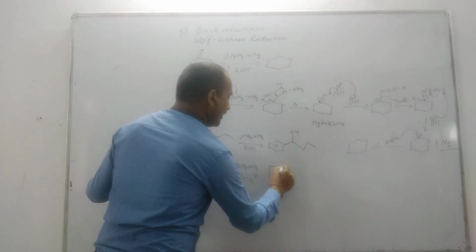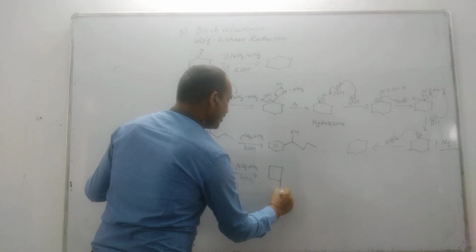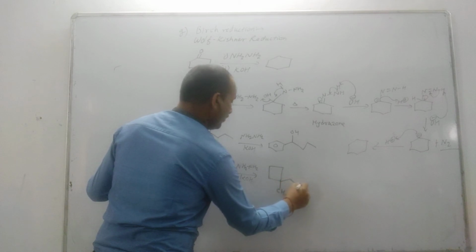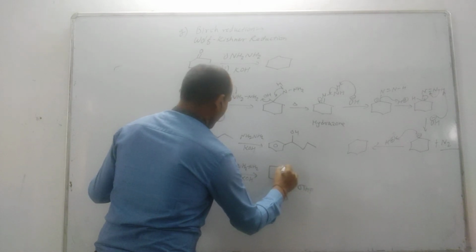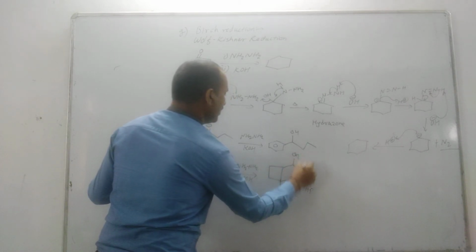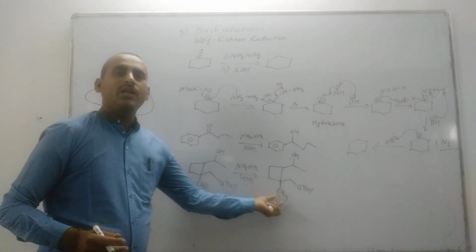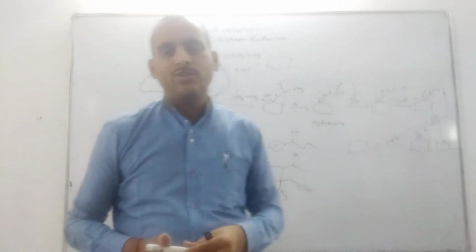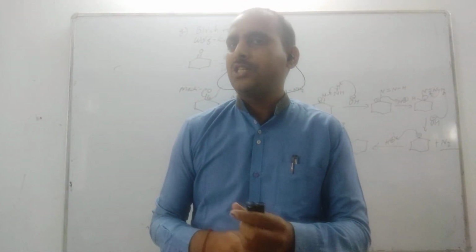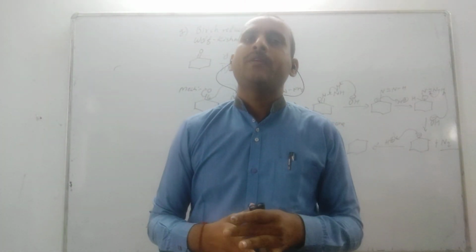So the product formed is CH3 CH2 OTHP, and here is OH CH3. So this product is obtained, that means the carbonyl group gets reduced to a hydrocarbon by using Wolf-Kishner reduction reactions.